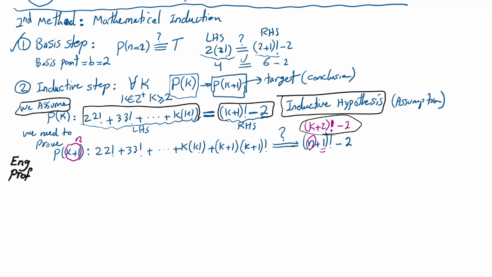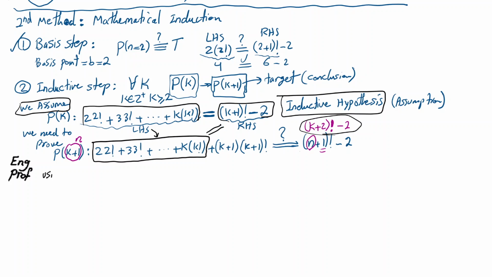If you look at the target left hand side, the majority of it is already the left hand side of the inductive hypothesis, which I can set equal to this right hand side.